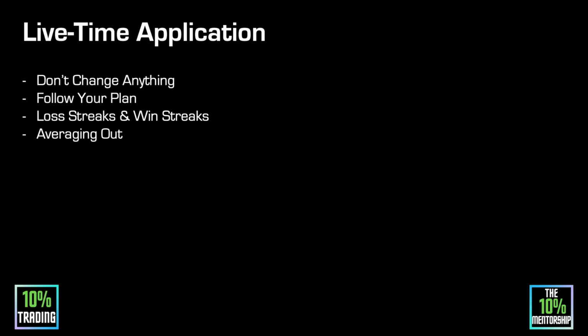Now, one more thing that I talk about is averaging out, right? When we're trading these phases, when we're trading these accounts, when we're doing the demos, it's sort of not real money, right? But when you're funded live, it is real money. And you might opt to take profits a little faster. You might opt to essentially average out quicker. That's fine. I don't think there's anything wrong with that.